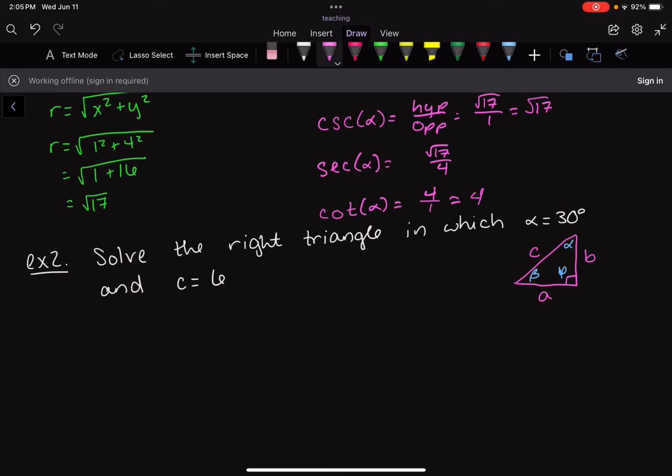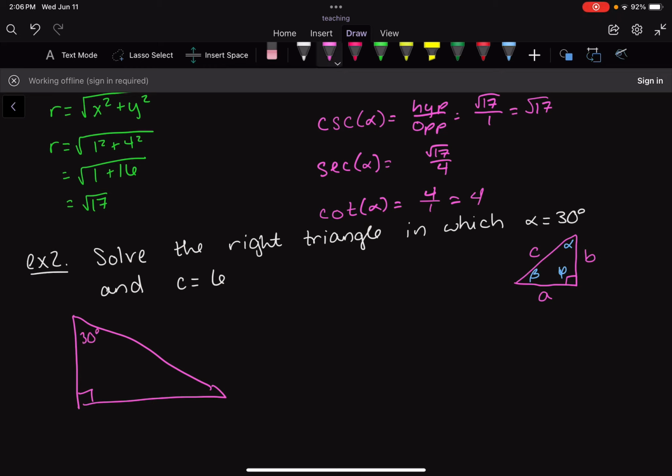So let's go ahead and draw this triangle together. It's a right triangle. That looks terrible, but that's okay. Alpha is 30 degrees, and I can put alpha down here, or we can put it up here. It is totally up to you. I like to put A at the bottom, so I'm going to make alpha up here.